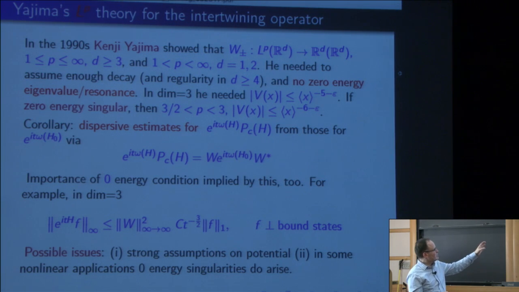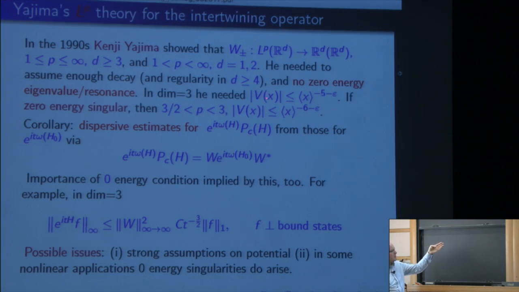All right, now let me go to the LP theory. This is Yajima's work from the 1990s, and he proved that the wave operators don't just make sense on L2, they make sense on LP. But it's a little bit delicate. You have to assume that zero energy is regular. Remember, we had this condition, what does that mean?